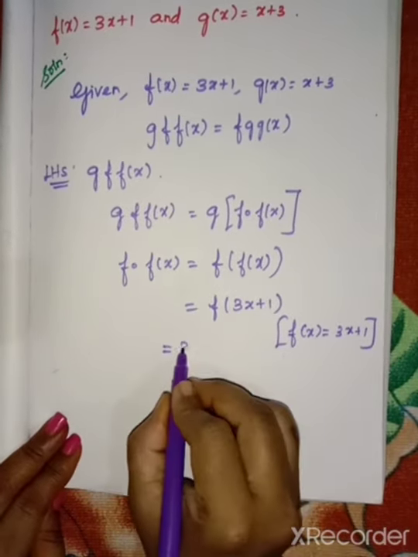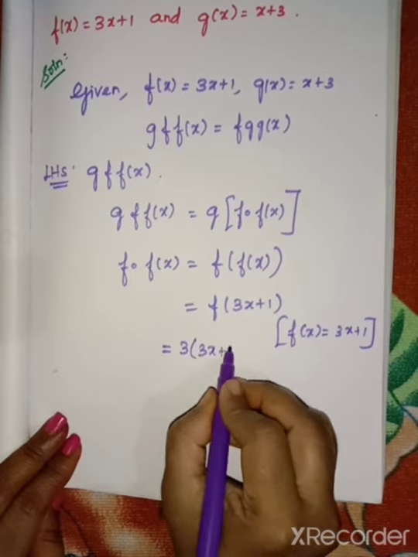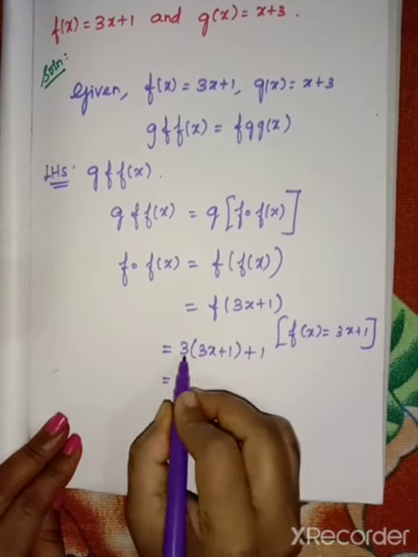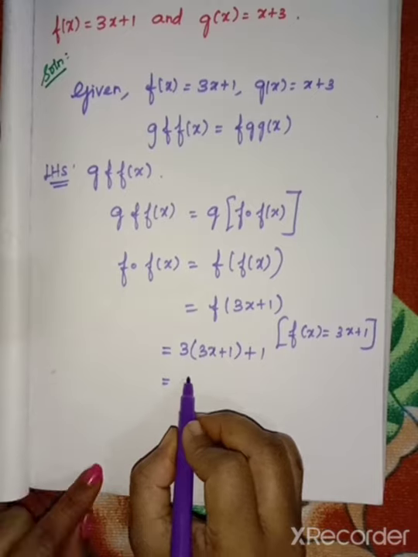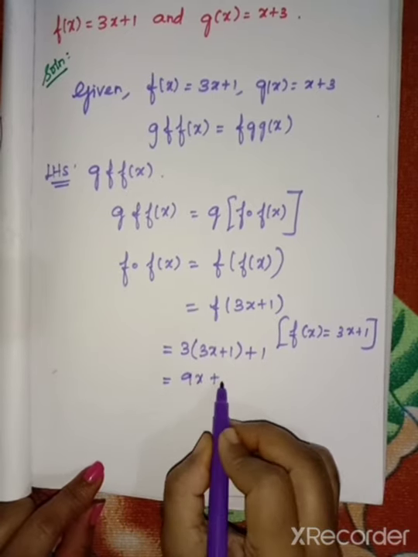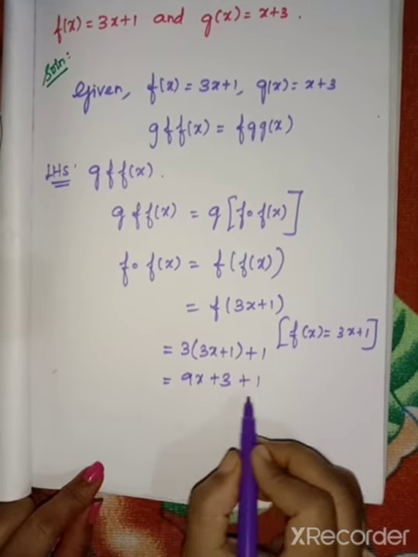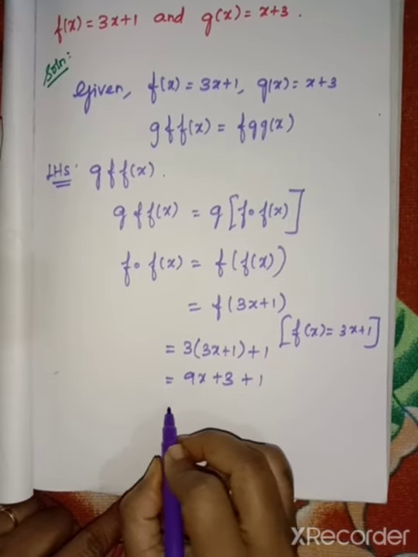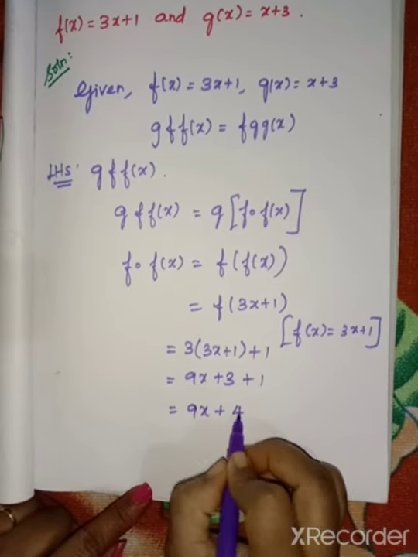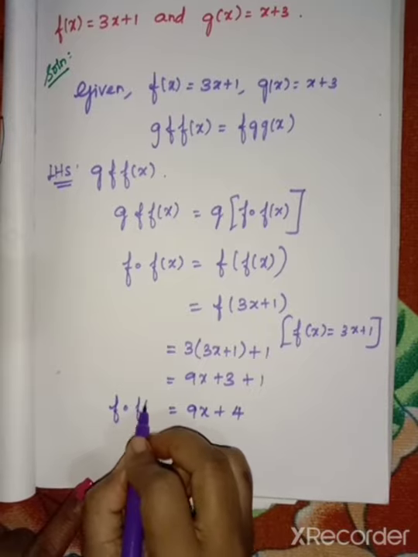That means 3 into (3x plus 1) plus 1. Now we multiply: 3 threes are 9x plus 3 plus 1. We can add because both are constants. So 9x plus 4. This is f of x.